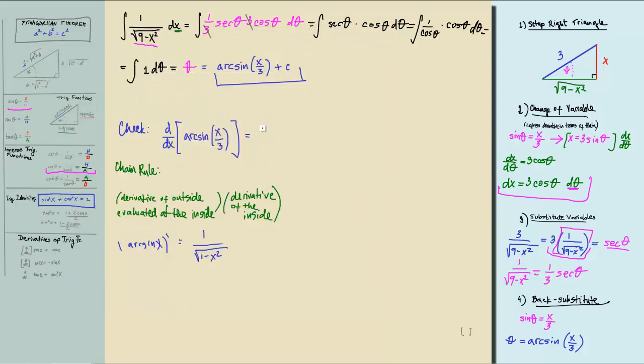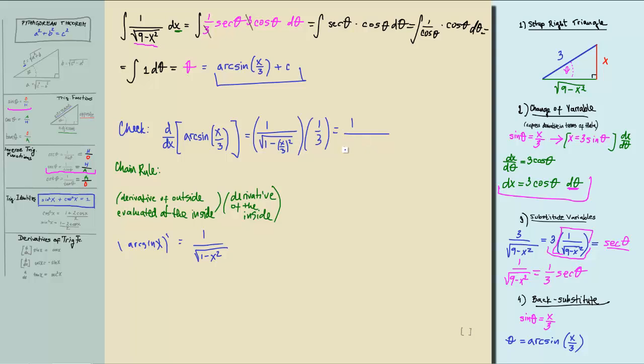Okay, so in this case we will apply that, so that will be 1 divided by the square root of 1 minus x divided by 3, all of that squared. So that would be the derivative of our outside function evaluated at the inside, times the derivative of 1/3 x, which will be just 1/3. So let's simplify this.